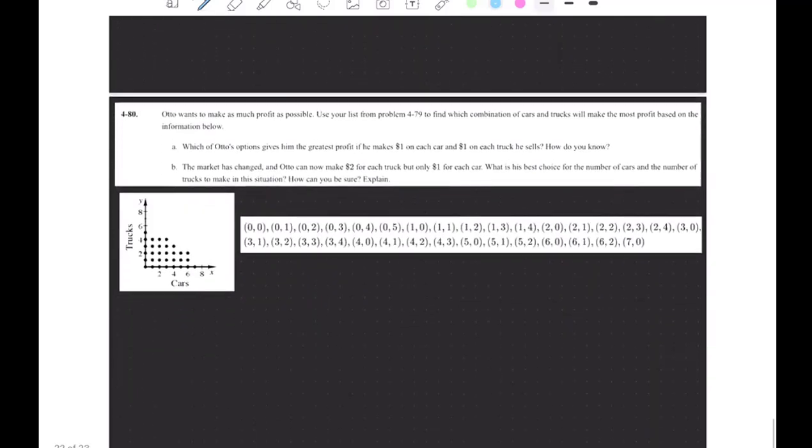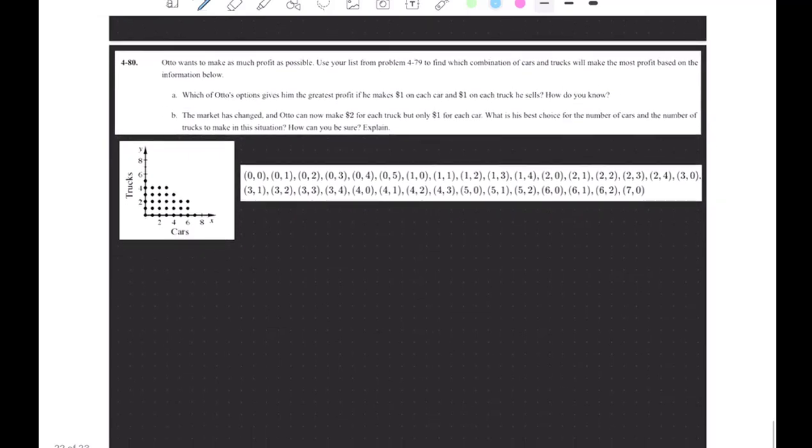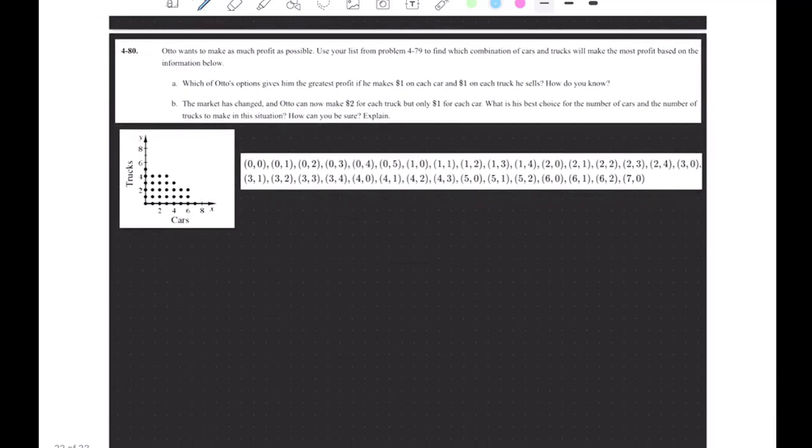So now they want us to take all of that information that we have, and Otto wants to make as much profit as possible. So we're going to use all of that list from that previous problem, or our graph, if we want to use our graph, to find which combination of cars and trucks make the most profit based on the information below.